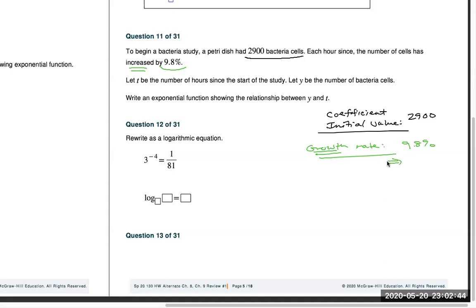Remember, you can take 9.8 and just divide it by 100 if you're not sure about bouncing your decimal. But essentially, you're just going to bounce your decimal 2 spots to the left. So you get 0.098. That's going to be R.